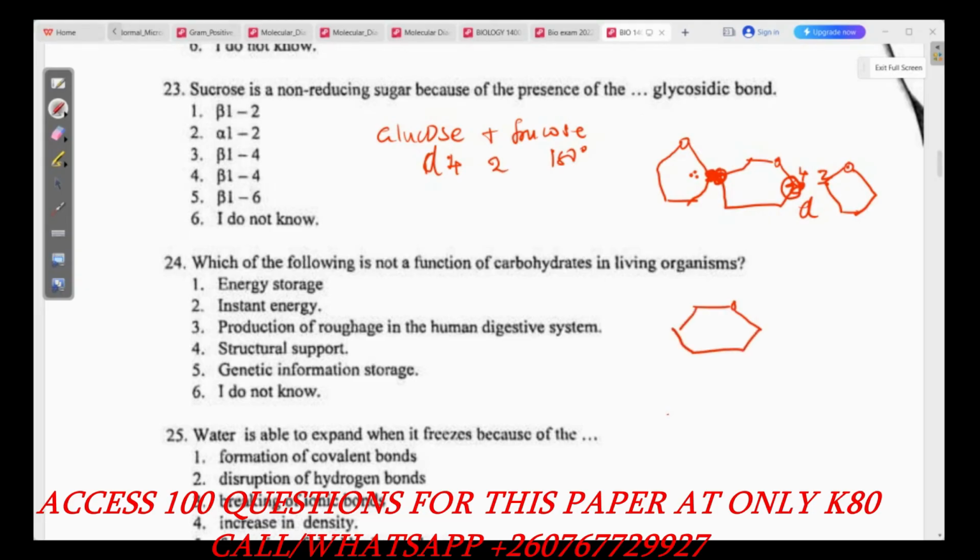Okay, so glucose is like this. So this is carbon 1. This carbon 1, this is where you have got this. So alpha, that is above. If the hydroxyl group at carbon 1 is above, then that type of glucose is what? Is alpha.